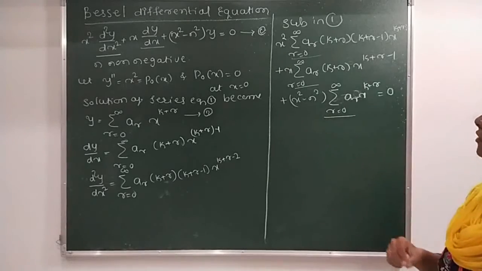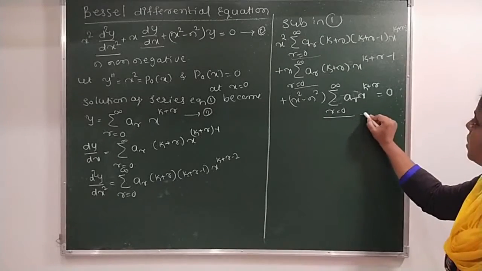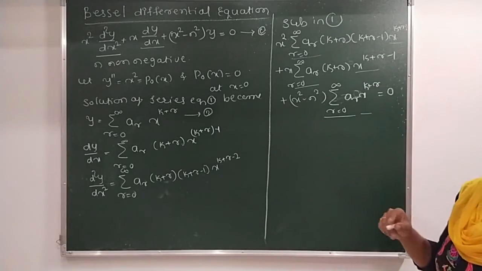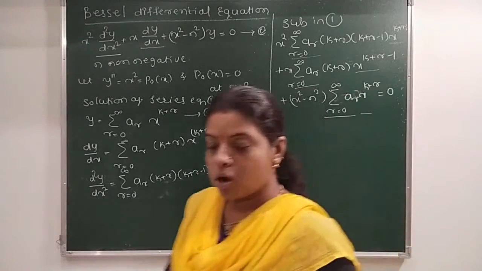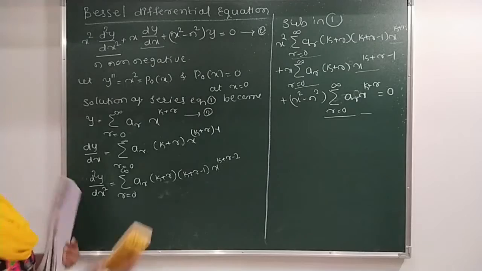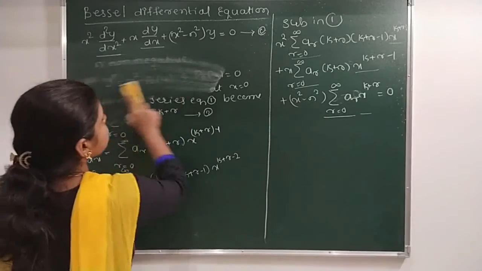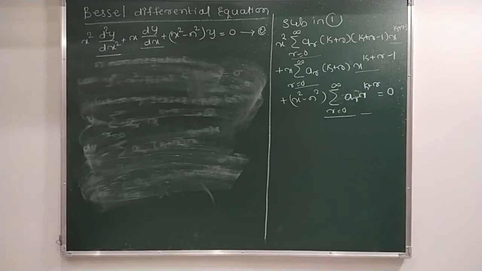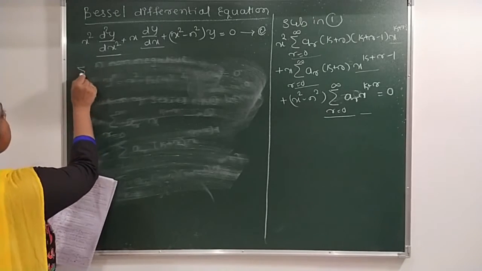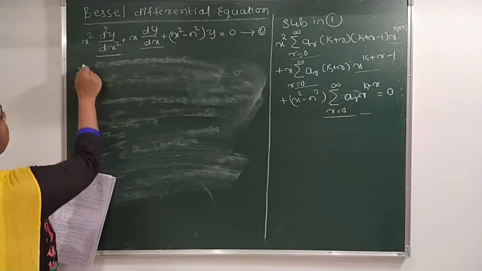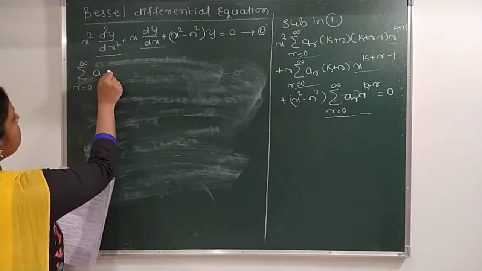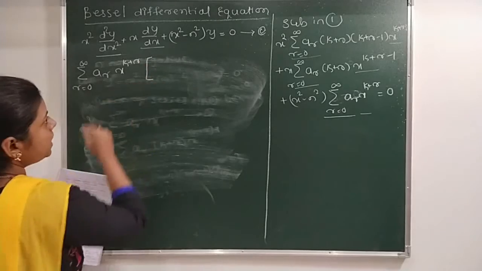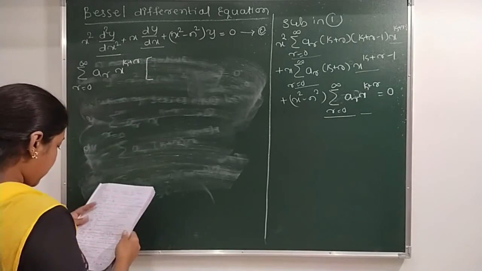This summation of ar and x to the power k plus r, we have to take common from all the terms. Now this term becomes: we are taking common term summation of ar x raised to k plus r. Now the remaining terms we have to write as they are.